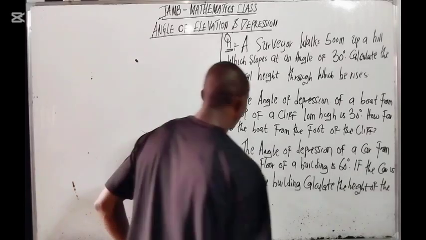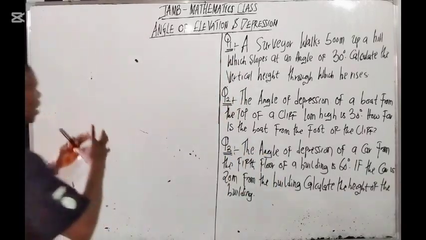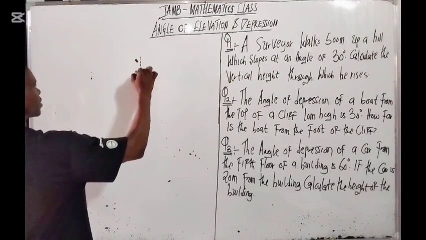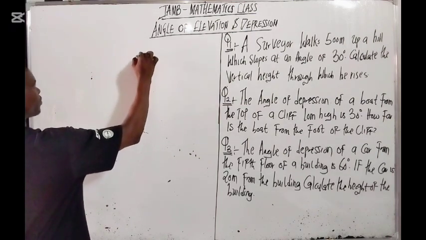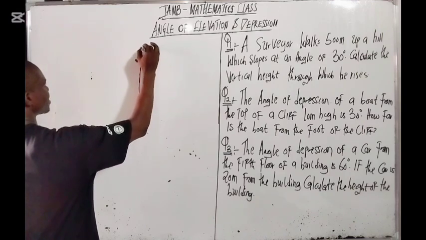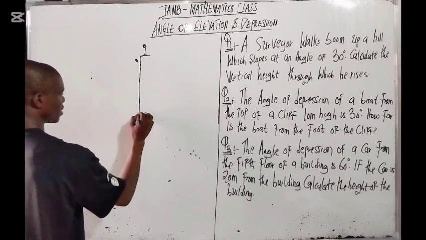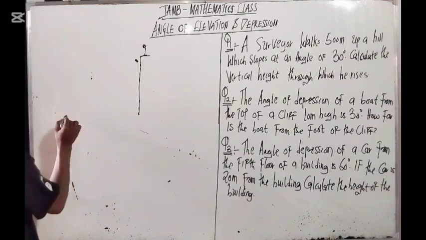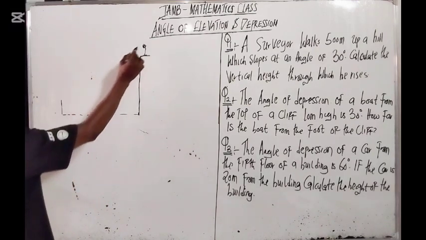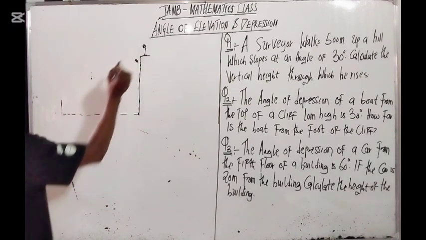So let me explain what I call angle of elevation and depression. For example, here, this is a tall building, and a guy is standing here. Then this is another guy watching this guy. Here we have this point.